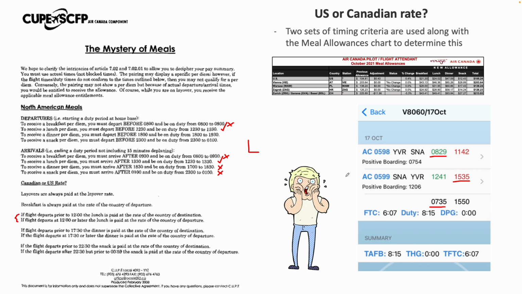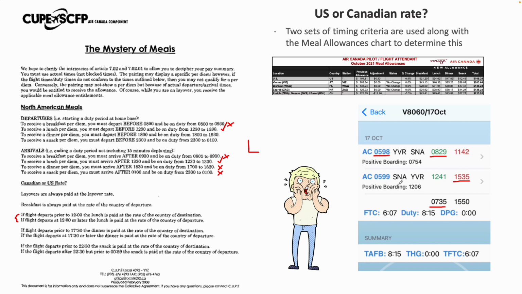If we look at flight 598, the flight departed at 8:29 a.m., which is prior to noon. That indicates that the lunch should be paid at the rate of the country of destination. Santa Ana is in the United States, so that would be the United States rate.